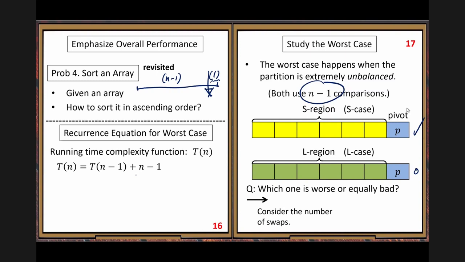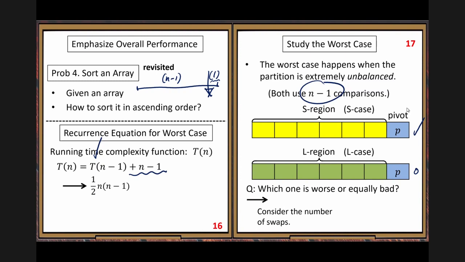That's the non-recursion cost, because for the recursion, we need to keep doing the recursion on T of n-1 and so on.